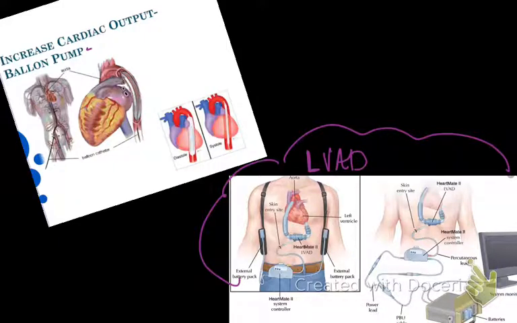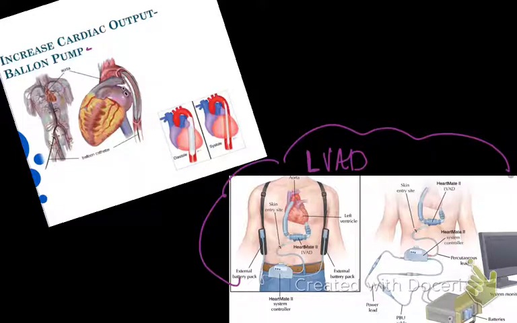So then, when it deflates during systole, it's like a vacuum, and it helps pull the blood from that left ventricle on out to the rest of the body. It reduces afterload, and it also helps improve blood flow to the heart.